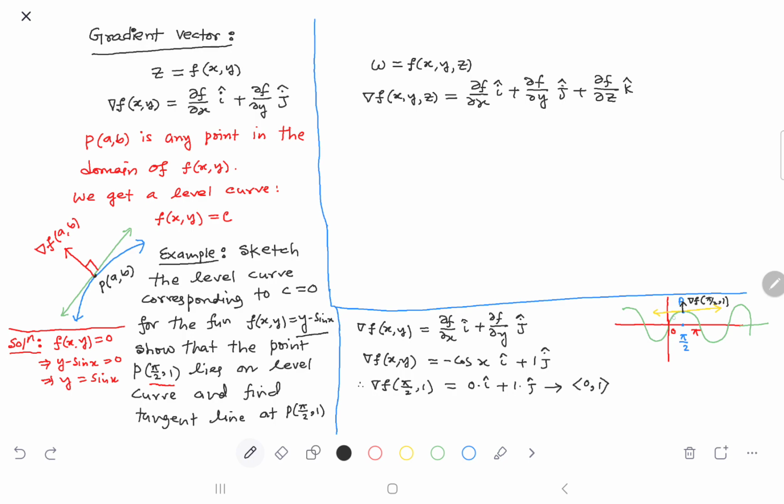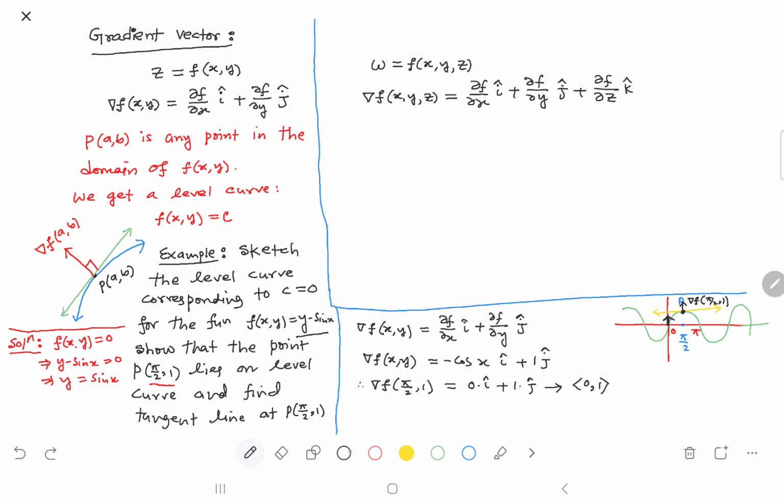Exactly this black vector I have written is 0 comma 1, just shifted parallelly to this point P. So this is the normal vector.